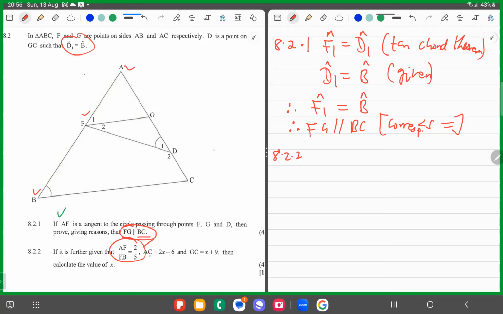And you have that AC is equal to 2x minus 6, and GC is x plus 9.